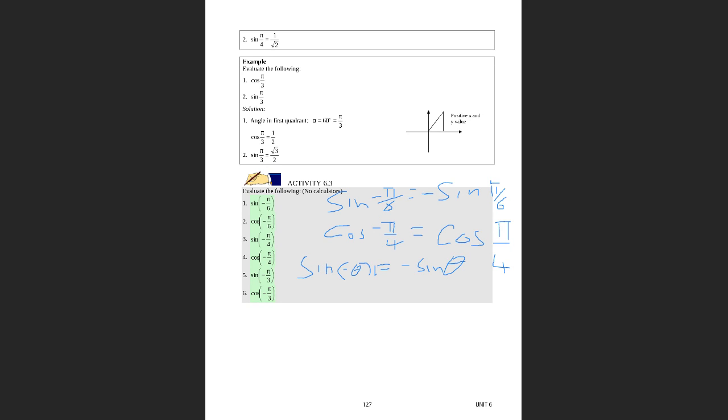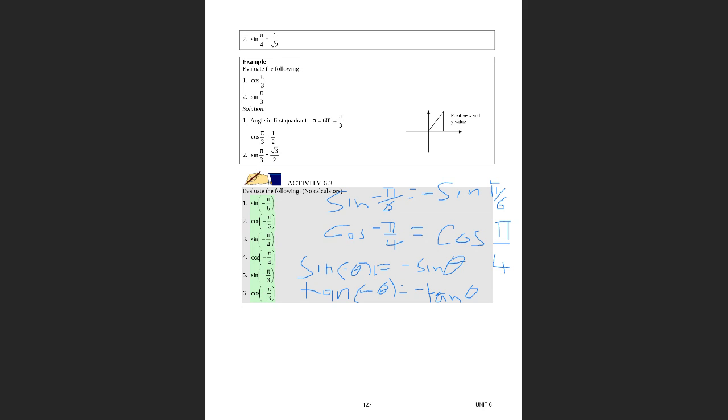The same way, if you have tan negative theta, it is the same as negative tan theta.